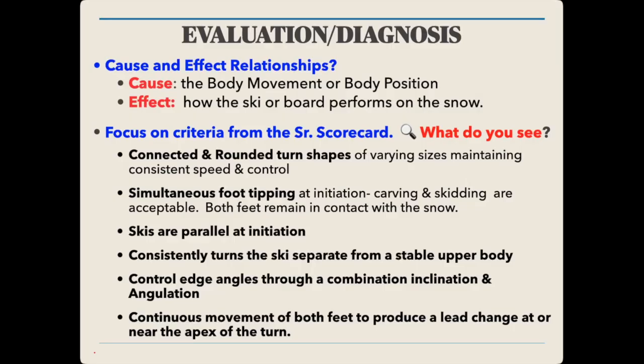This particular skier didn't demonstrate varying sizes, but we're not going to score them down for that. Really looking for rounded turns versus Z-shaped turns. And again, for this skier, for that run, the biggest difference was rounded turns on the right-hand side and relatively shorter, more Z-shaped turns on the left-hand side.